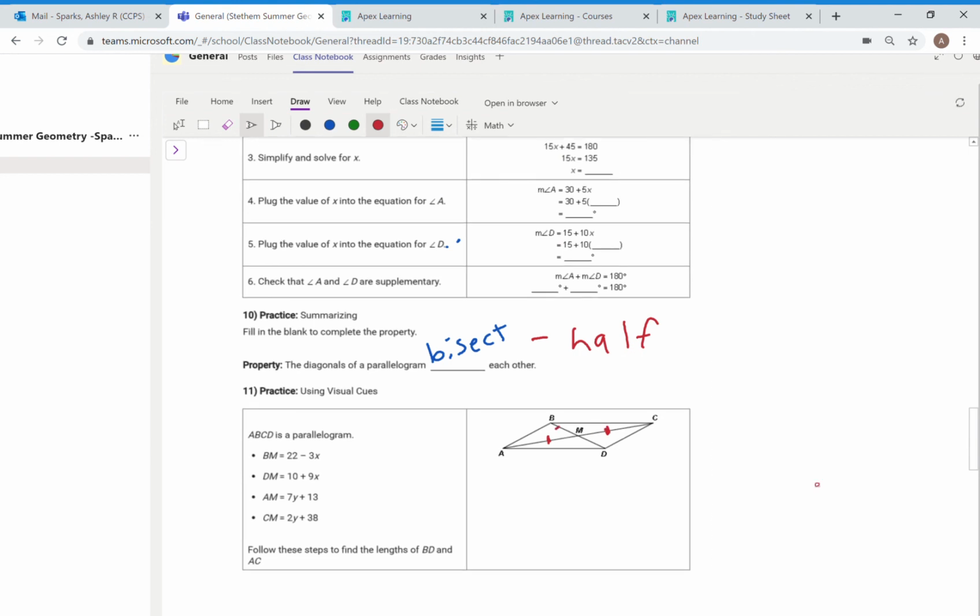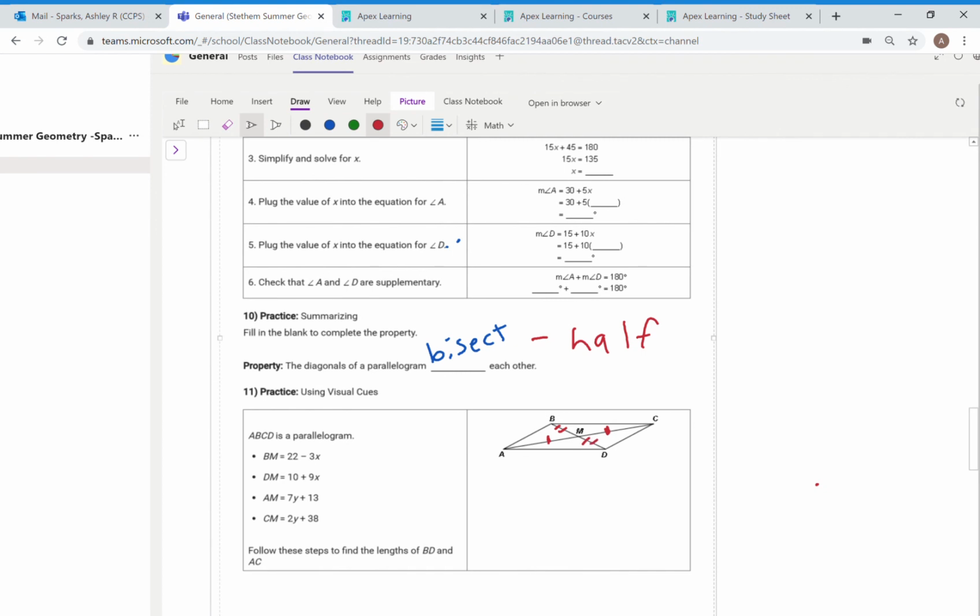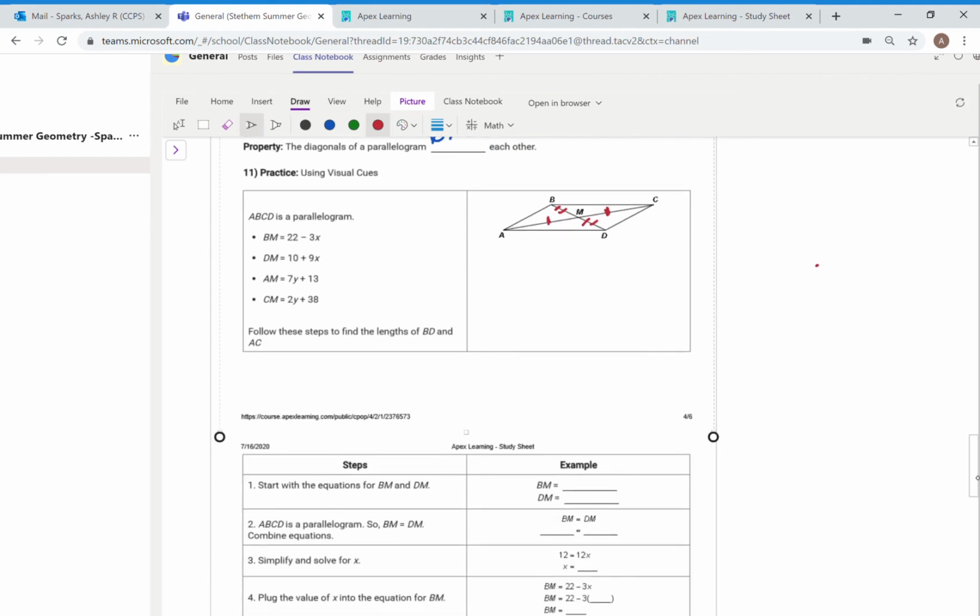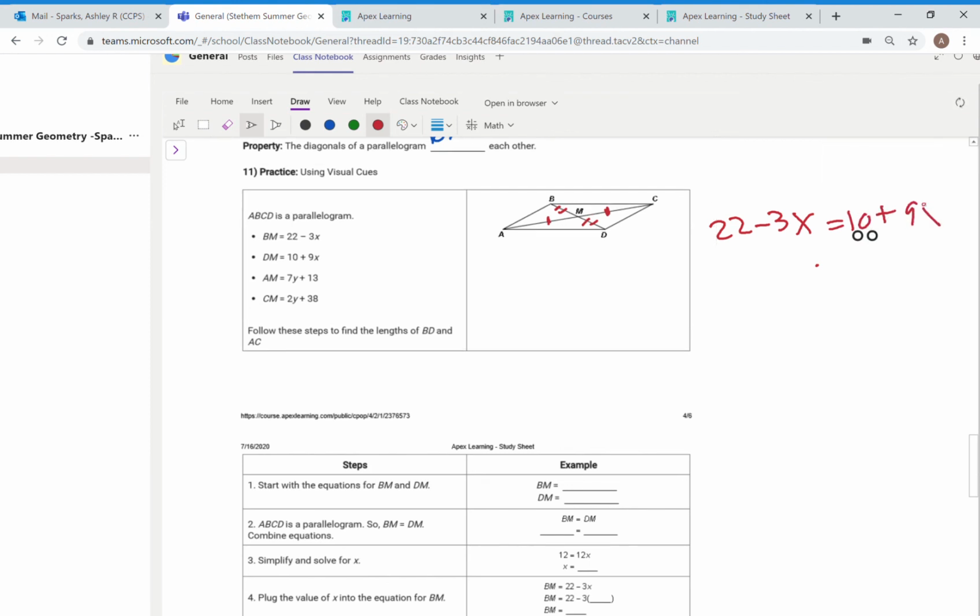And I know that BM is the same size as DM. And I could set this up and solve for whatever they wanted. So they give me these. It's the same type of problem. You would do 22 minus 3x equal to 10 plus 9x. And you would solve for x to get your final answer.